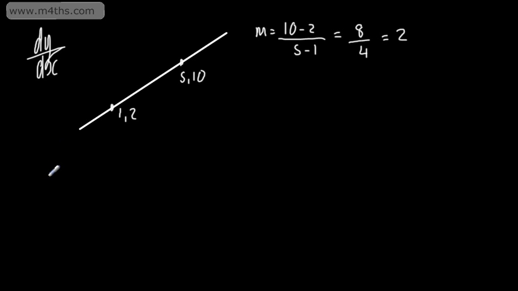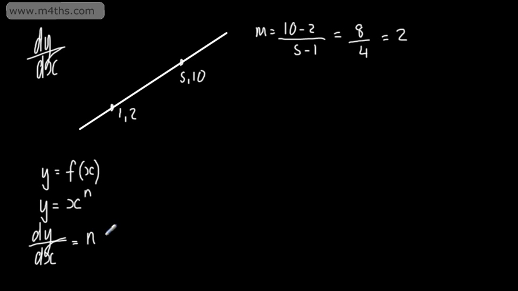So if we have now y is equal to a function of x, and we could have now, let's just write this as y is equal to x to the power of n, we can say that dy by dx, the gradient function or the first derivative, is given now as n multiplied by x to the power of n minus 1.